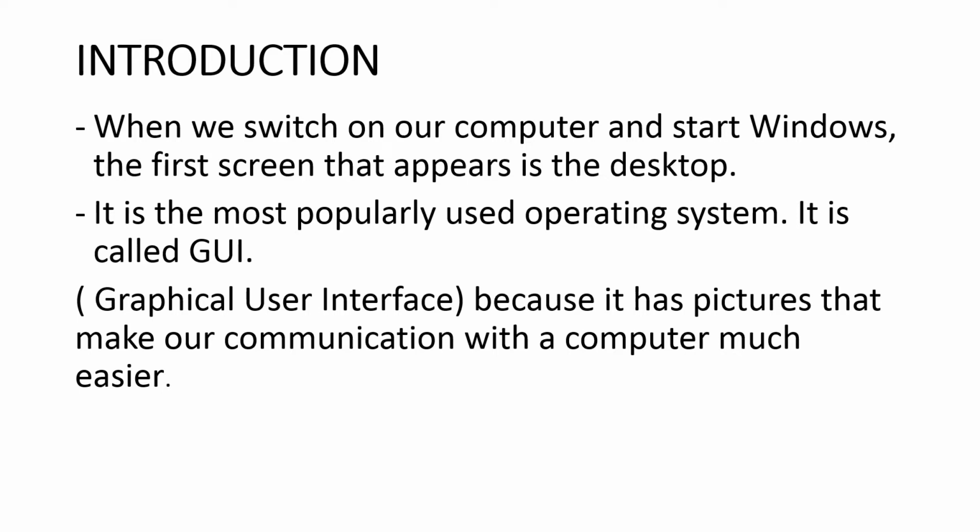It provides a user-friendly environment by displaying graphics. So the first screen that appears when the computer is switched on is nothing but the graphical user interface, and it is also known as the operating system.